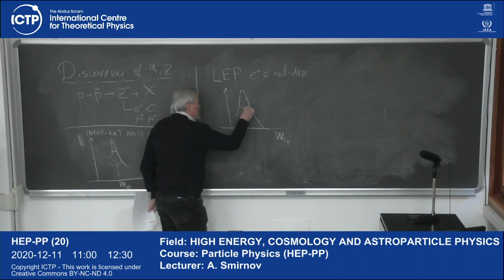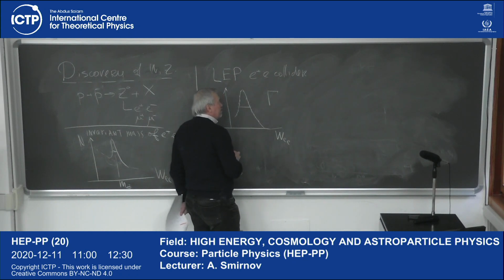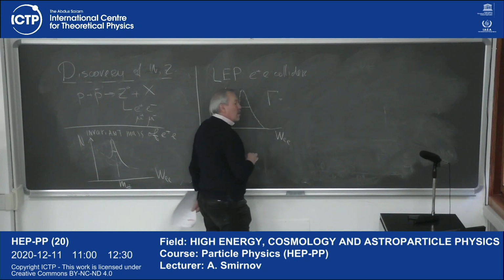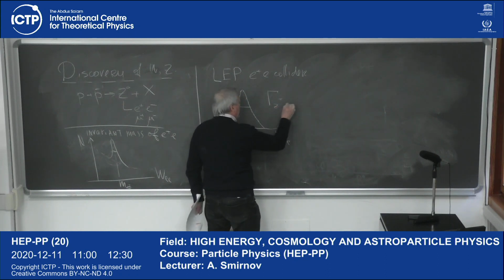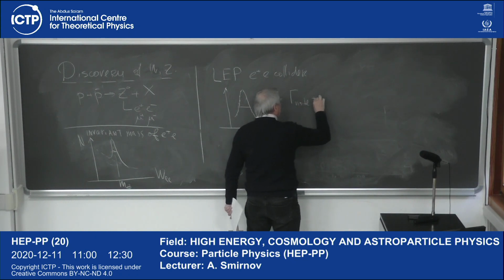They measured this gamma, the width, and this gamma actually has two components. One is visible, and another is invisible.